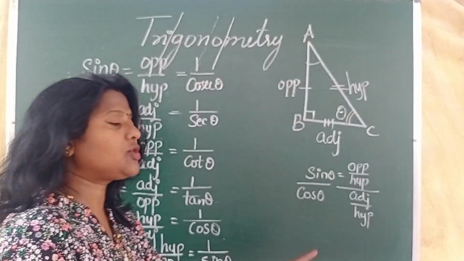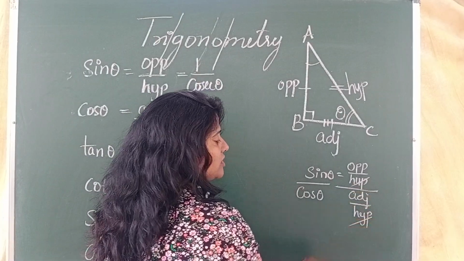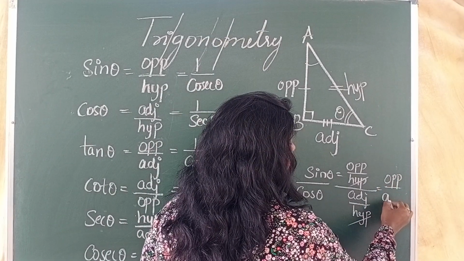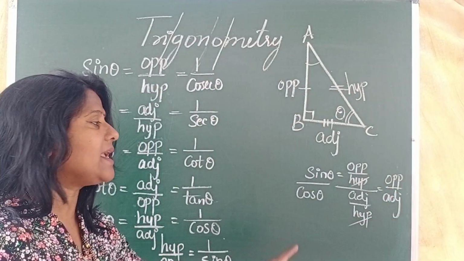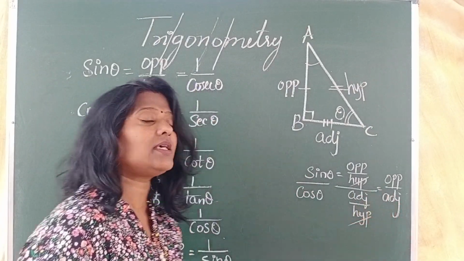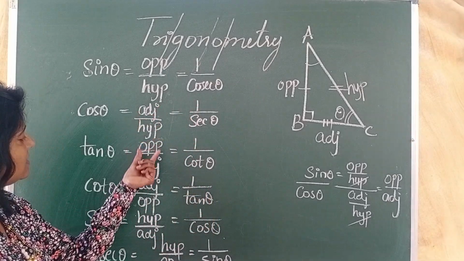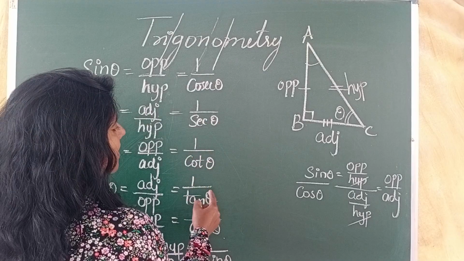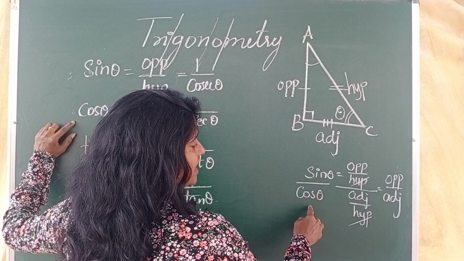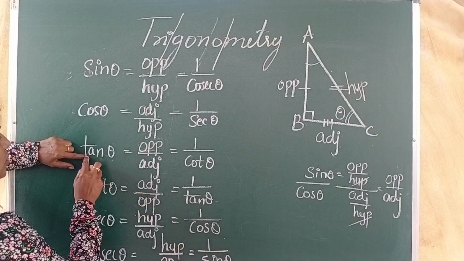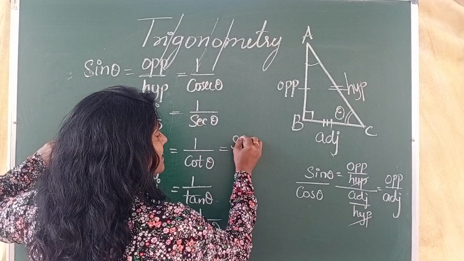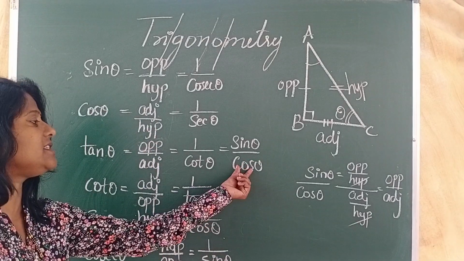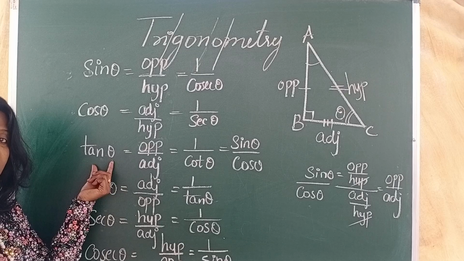The hypotenuse cancels, therefore it is opposite by adjacent. And opposite by adjacent is tan theta. So sin theta by cos theta can be written as tan theta, and tan theta can also be written as sin theta by cos theta.